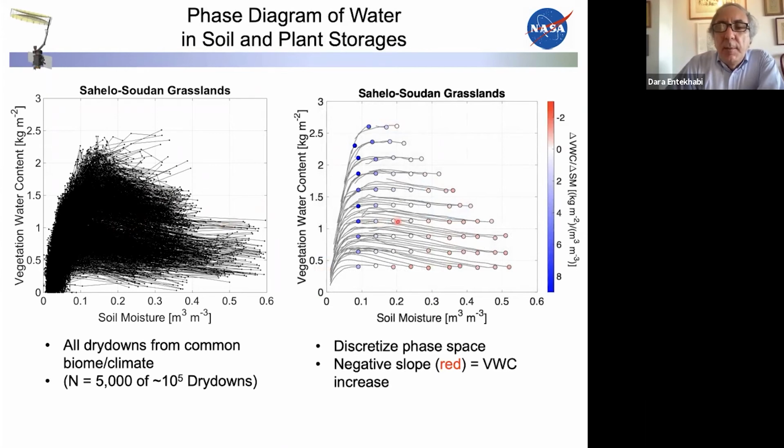So this is the same graph, but now cleaned up so that we can look at the intrinsic behavior. So what we see is when the soil is wet and it dries, vegetation gains water at a certain rate that depends on the soil moisture and the vegetation water content. And then there's a wilting point after which it crashes. So we can detect what this wilting point should be and what the rate of water gain is during the early dry down.